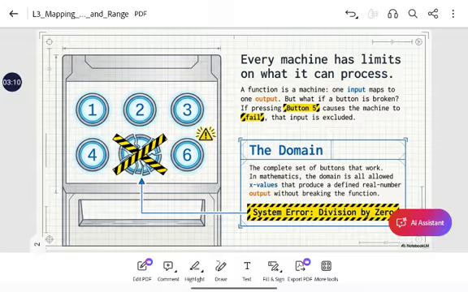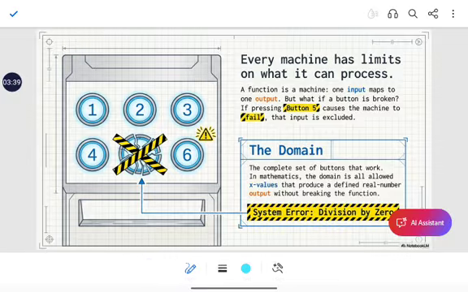What I am trying to drive at is that a domain must surely produce an output. Good, so the complete set of buttons that work.